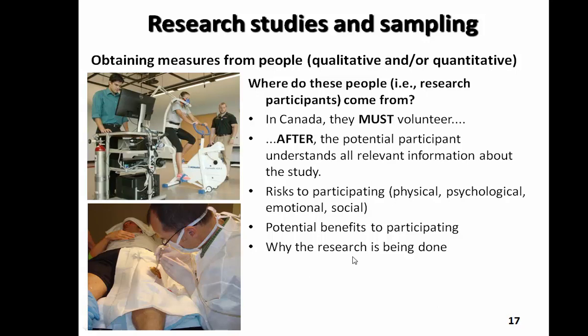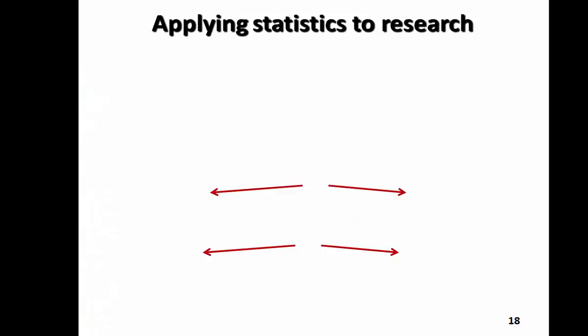So the research participant does not need to know the information to the same depth as the investigators, but this core information must be comprehended by the participant, and it is the researcher's responsibility to ensure that the participant understands all these aspects.